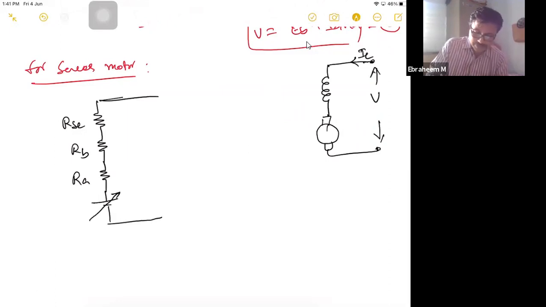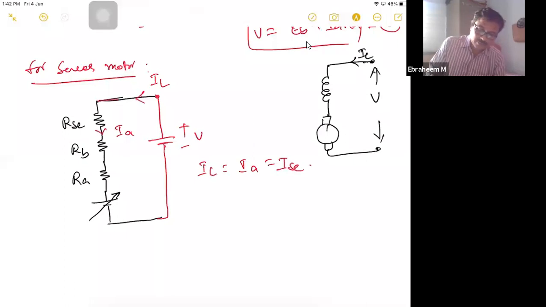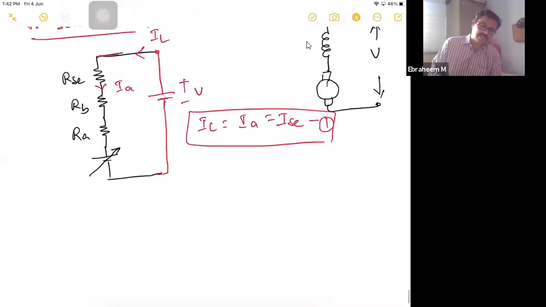Here we supply the voltage. Okay. So the line current IL, the same current flows through all the elements. It is a single loop circuit. So IL, the line current, is equal to the armature current, is equal to the series field current. So this is the current equation of the series machine.